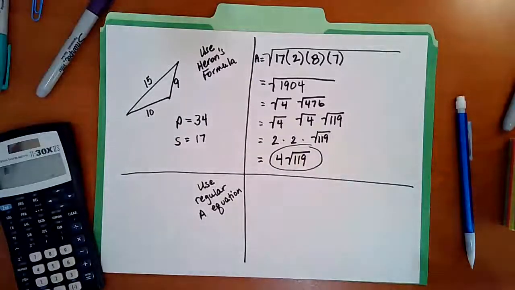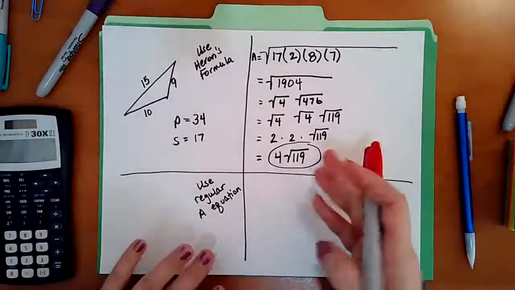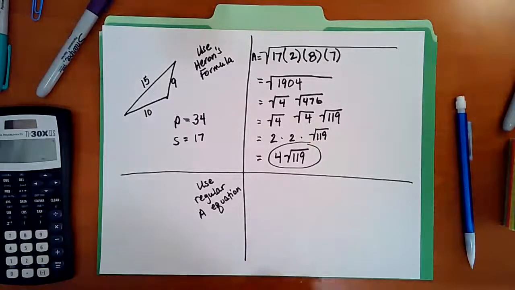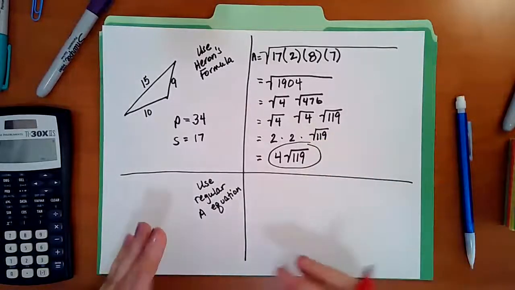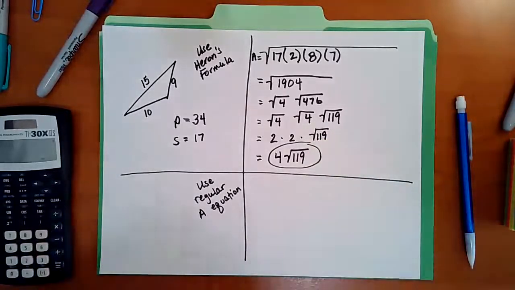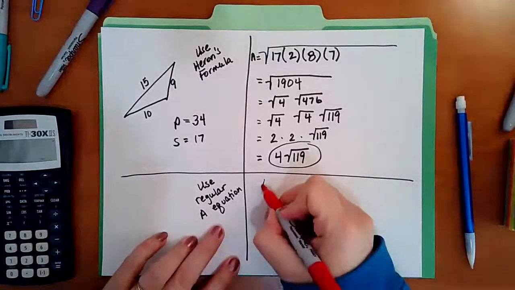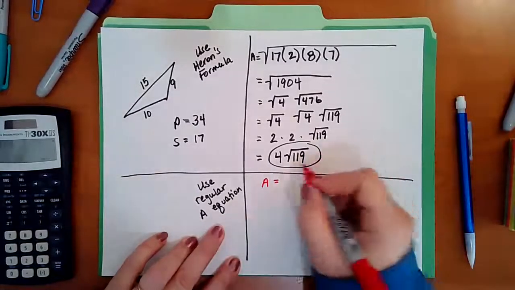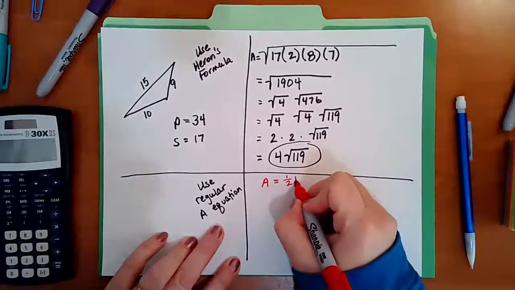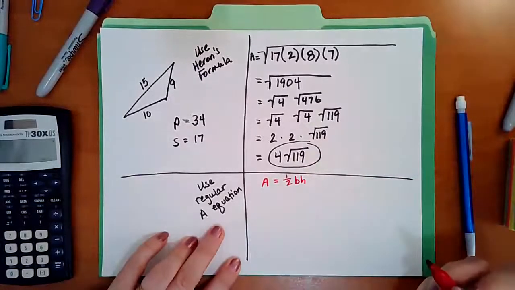So I think what happens is that students do this kind of calculation. They see this wonky number. They start to doubt themselves, and they forget they know how to do the rest of it. Don't be like that. Let's use our regular equation. Our regular equation is 1/2 base times height.